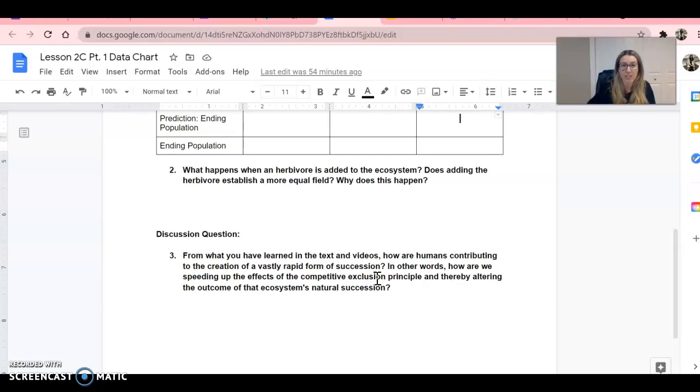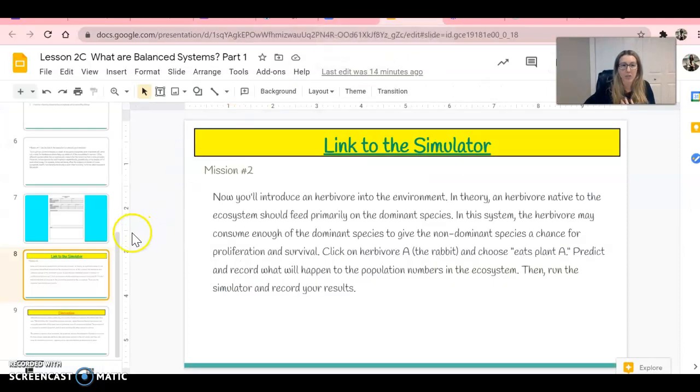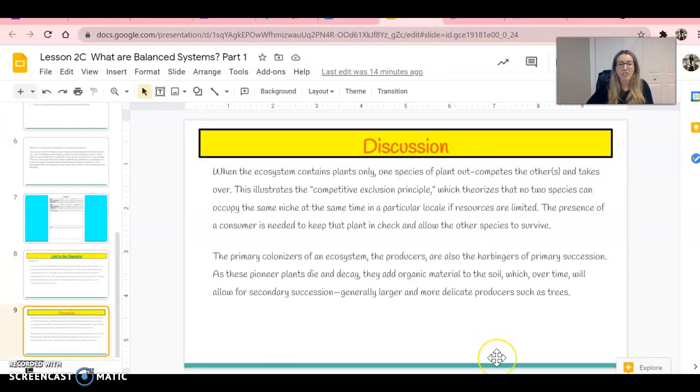Our final discussion question relates back to our final slide, which says when the ecosystem contains plants only, one species of plant outcompetes the others and takes over. This illustrates the competitive exclusion principle, which theorizes that no two species can occupy the same niche at the same time in a particular locale if resources are limited.